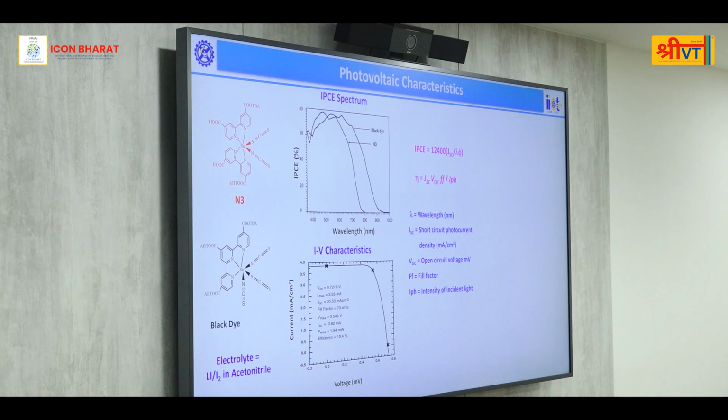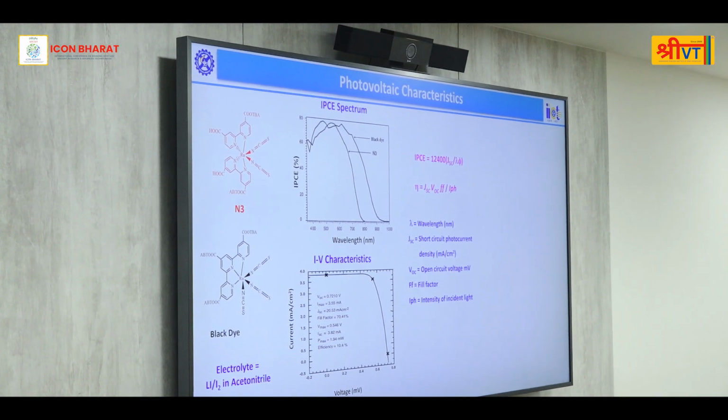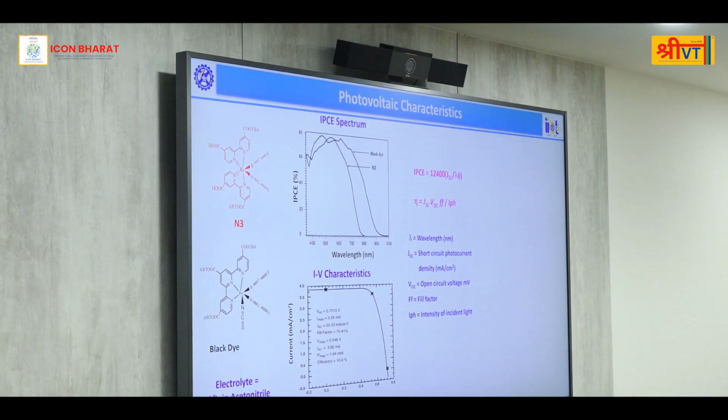And similarly, current-voltage characteristics. This technology was first invented by Professor Gratzel in Switzerland, and he was very lucky. He was very fortunate. He touched the ruthenium complex, and that is why he reported first about the 7% efficiency, and that is the reason third generation solar cells exist.